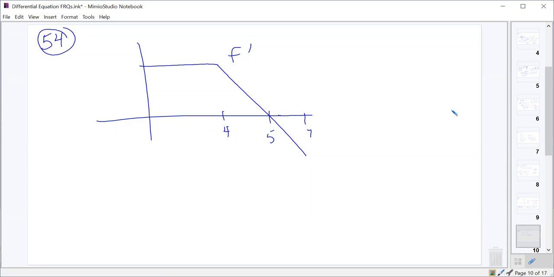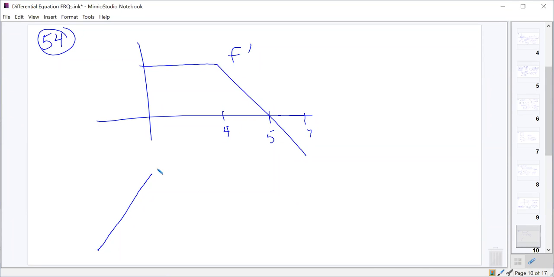Let's see, and then choice D says f of 5 is less than f of 0. So for f of 5 and f of 0, at 0 the slope is positive. So my function is increasing fairly rapidly from 0 to 4.